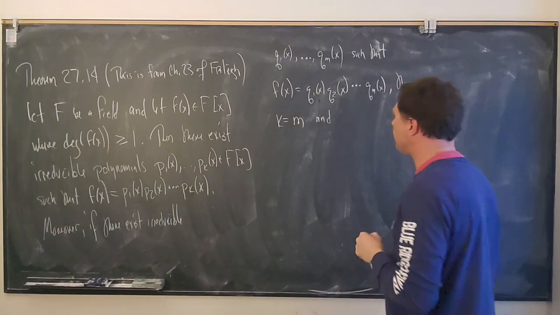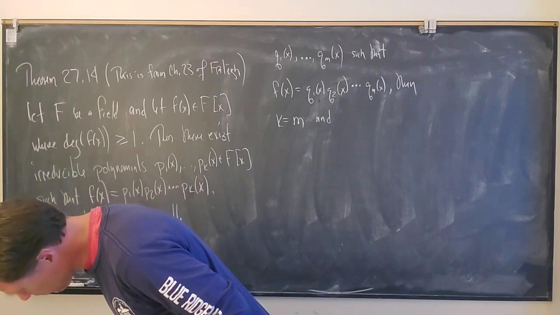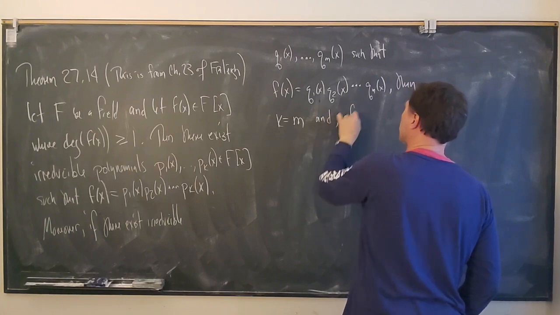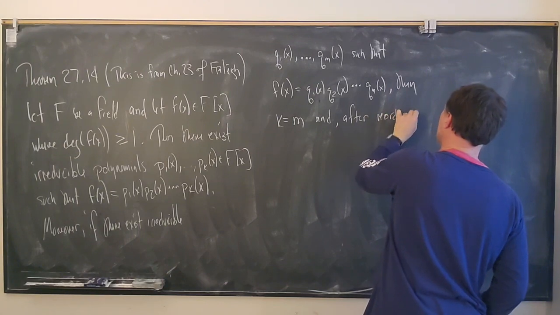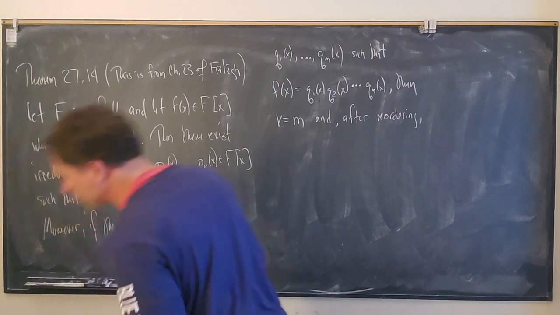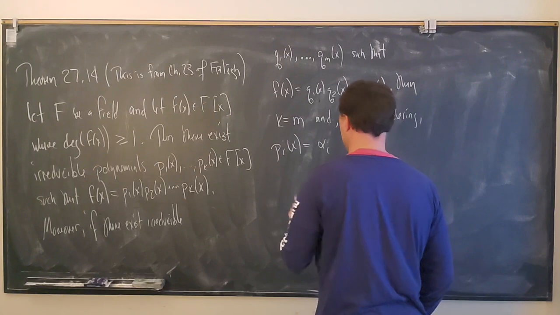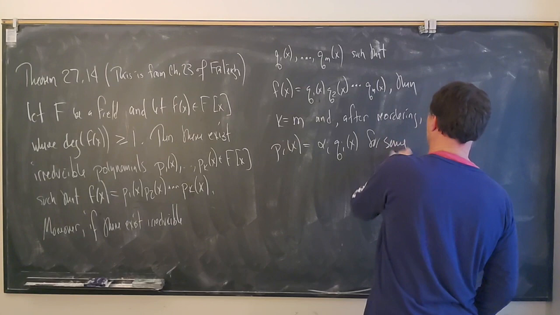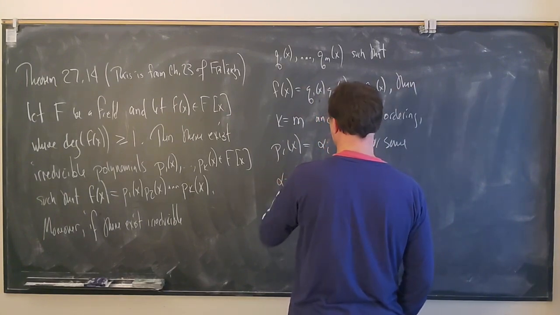So we'll say, and, let's say this after reordering. Okay, that's good. And after reordering, p sub i of x is equal to alpha i times q sub i of x for some unit, so some alpha i in F star.